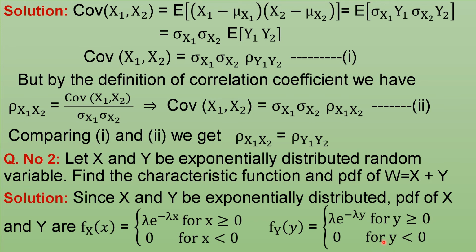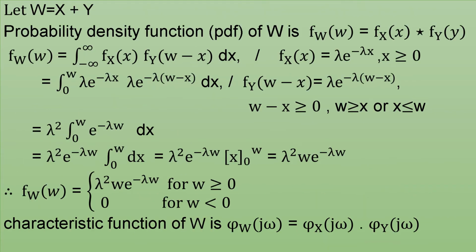Since x and y are exponentially distributed random variables, fx of x and fy of y can be written straight away by using the definition of the probability density function of the exponential distribution. Now take w as the sum x plus y.